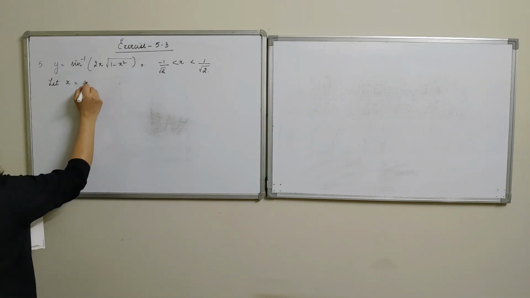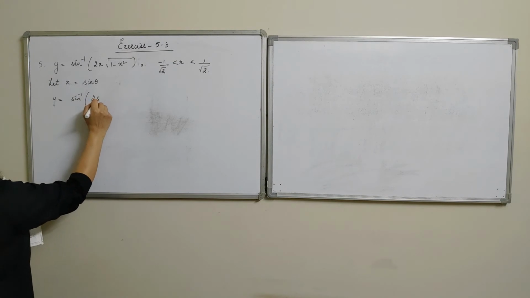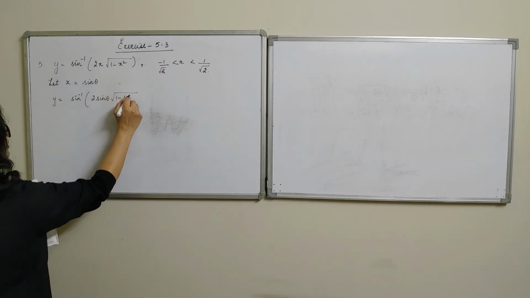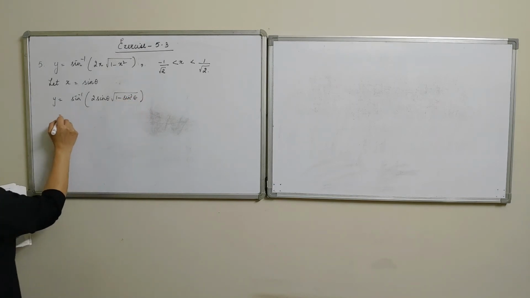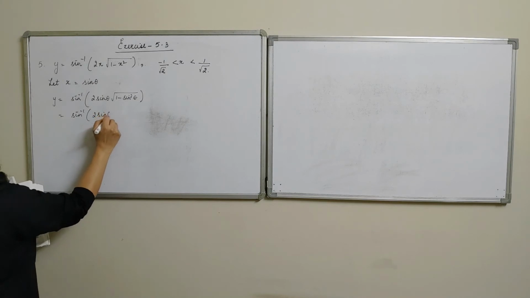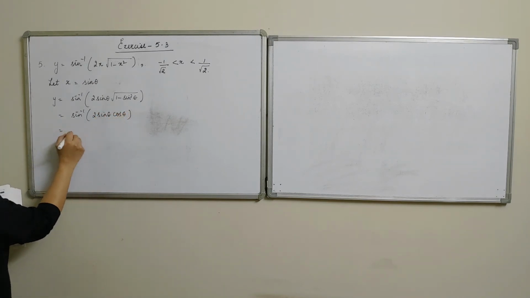If we use here x is equal to sine theta, then the function is 2 sine theta under root 1 minus sine square theta, and we know under root 1 minus sine square theta will become cos theta.